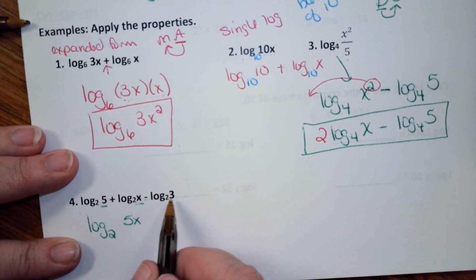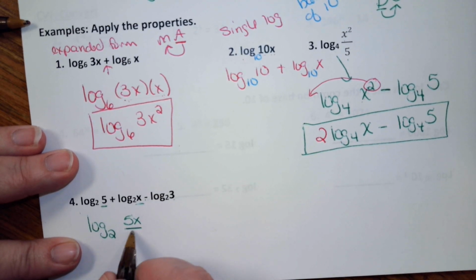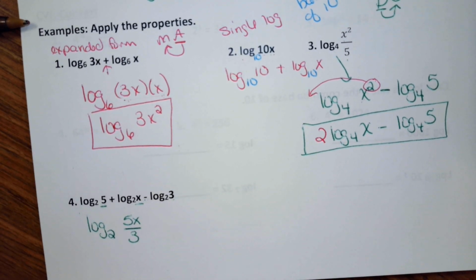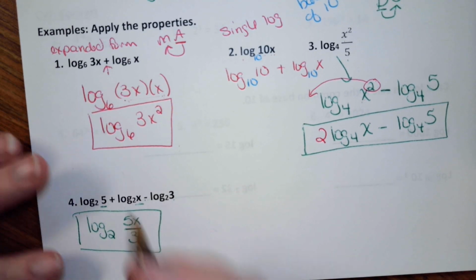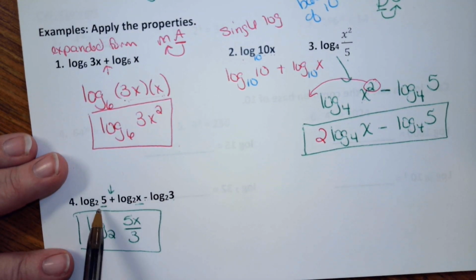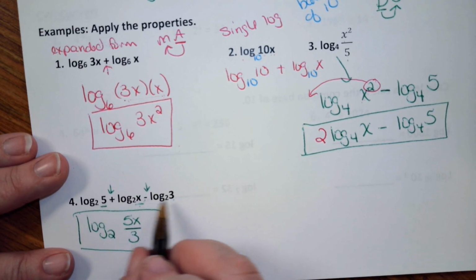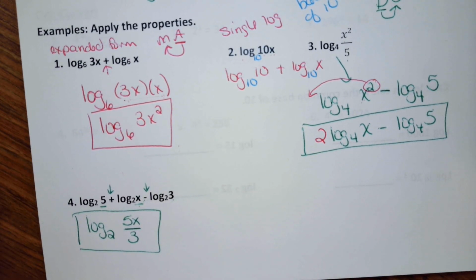This is subtraction, so we're dividing by 3, so we're going to put all this over 3. That looked like it should be a lot more complicated than it was, but it wasn't. So again, here was addition, so I knew to multiply these two right here. And here this was subtraction, so I'm dividing by that 3.